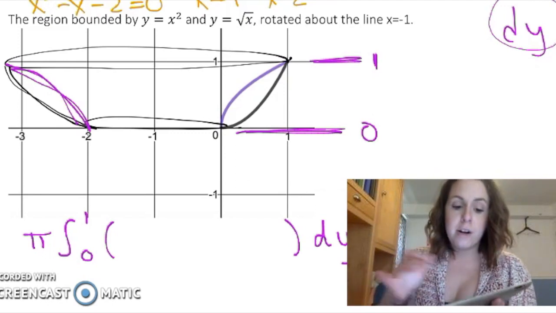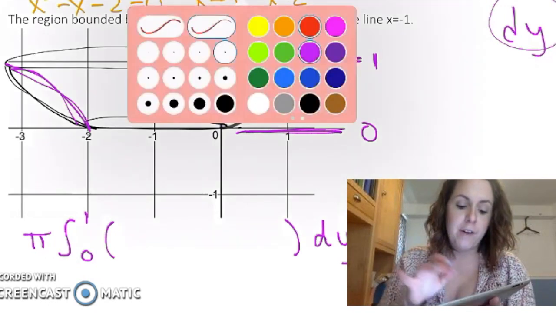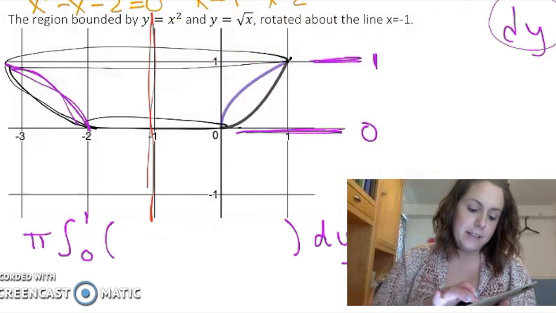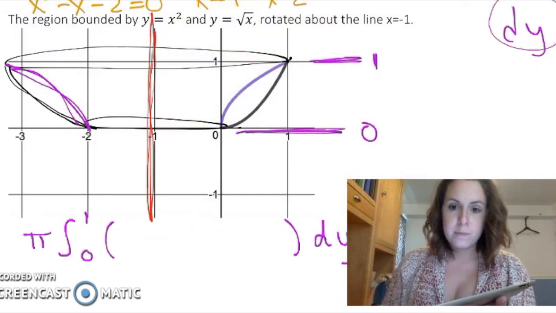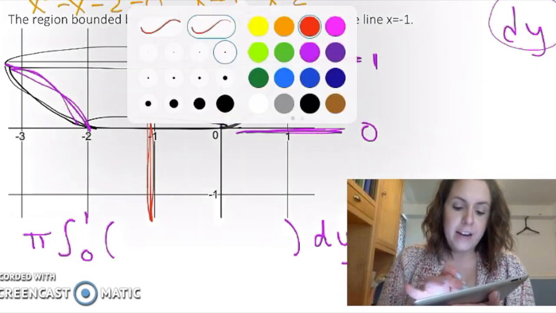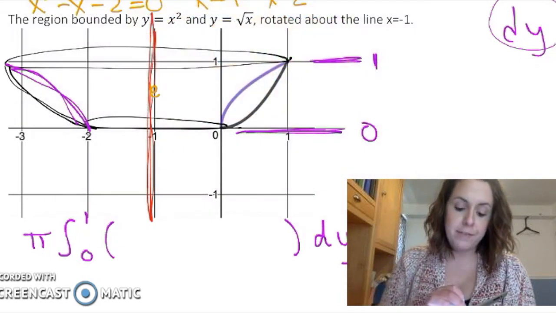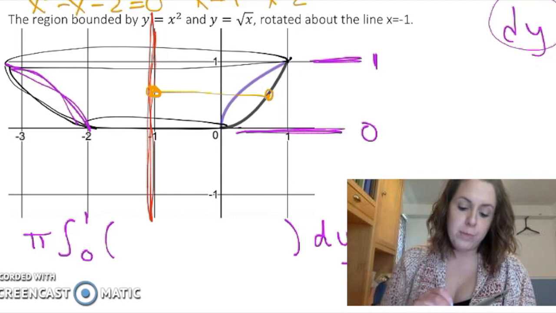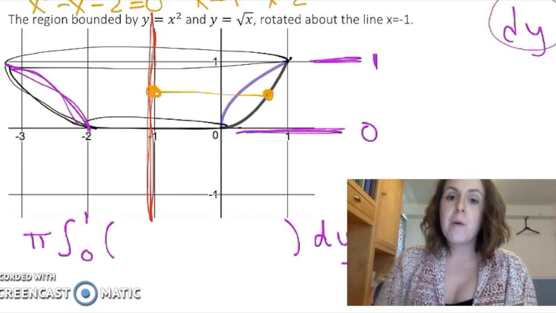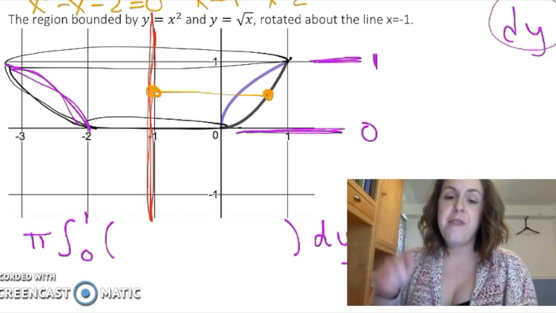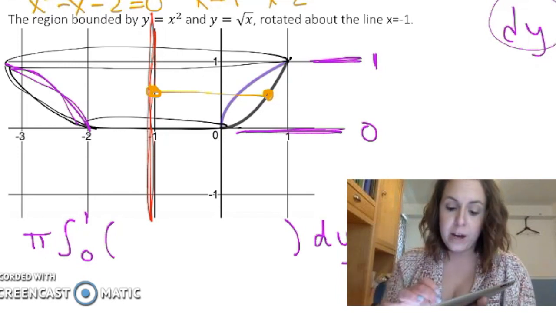So let's think about our outer and our inner radius. The line that we are revolving around here is this, x equals -1. So for my outer radius, I'm going to do this one in orange. We're going to go from our axis of rotation to the outermost function, right? But I want that in terms of y. So that is the function y equals x squared.